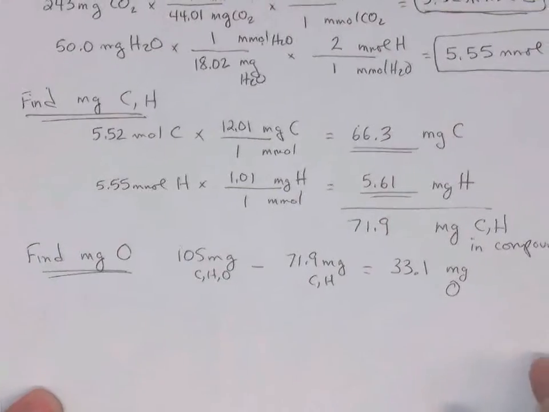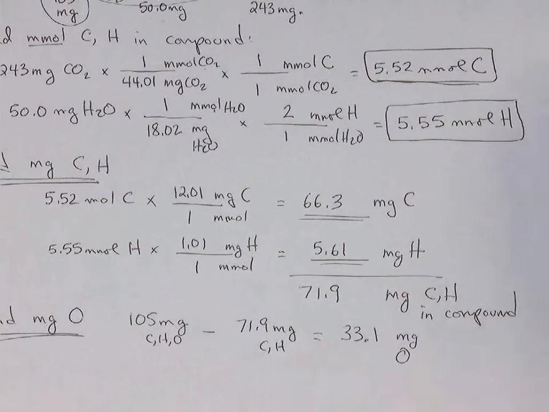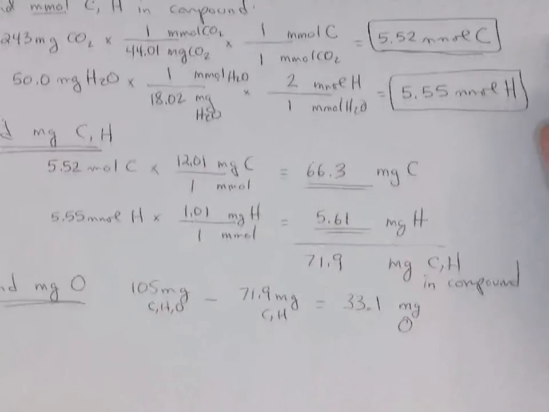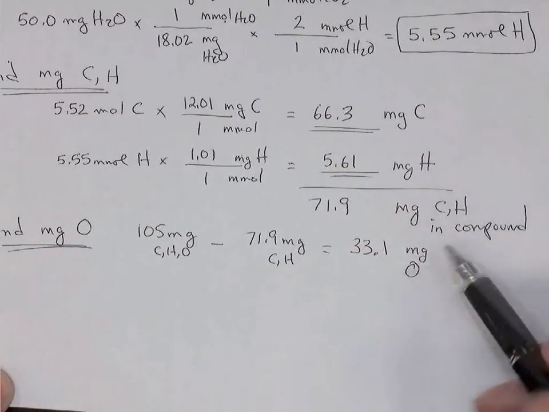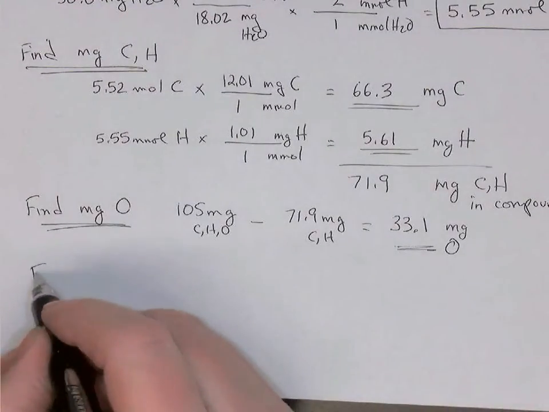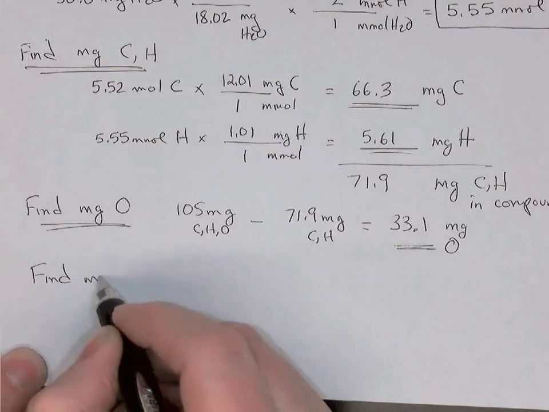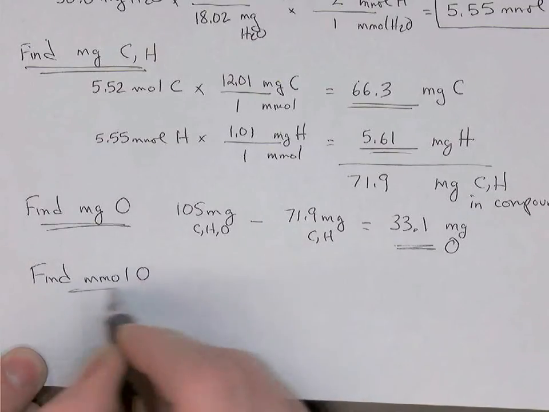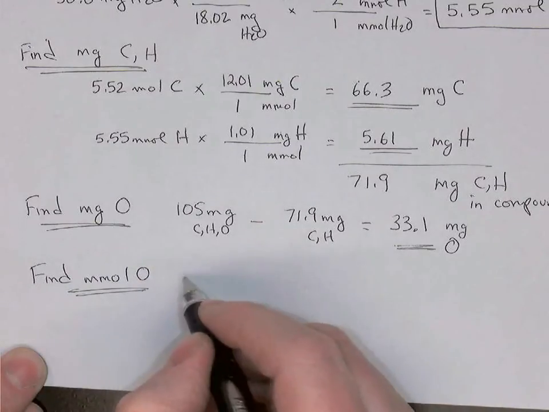Now our goal in finding an empirical formula is to do mole ratios, or in this case millimole ratios. We already have 2 out of the 3 elements. We need the millimoles of oxygen, and we now have the milligrams of oxygen. So here we go. Go find your millimoles of oxygen that were in the compound.